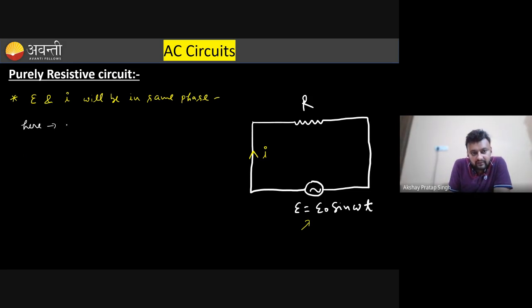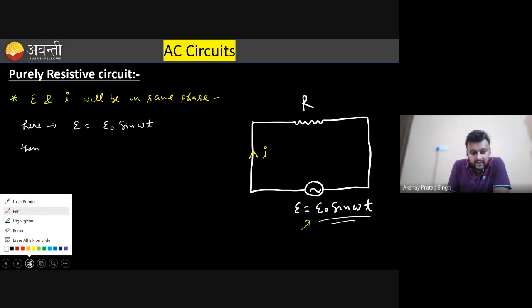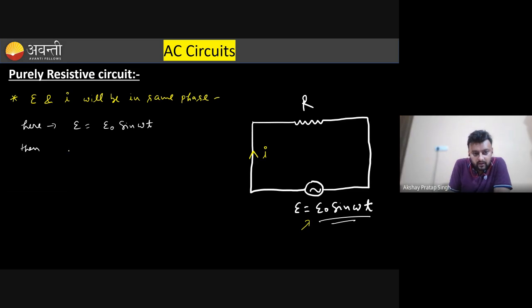The equation of EMF is given as E equals E naught sine omega t. Then the equation of current will be I equals I naught sine omega t, because both are in the same phase.